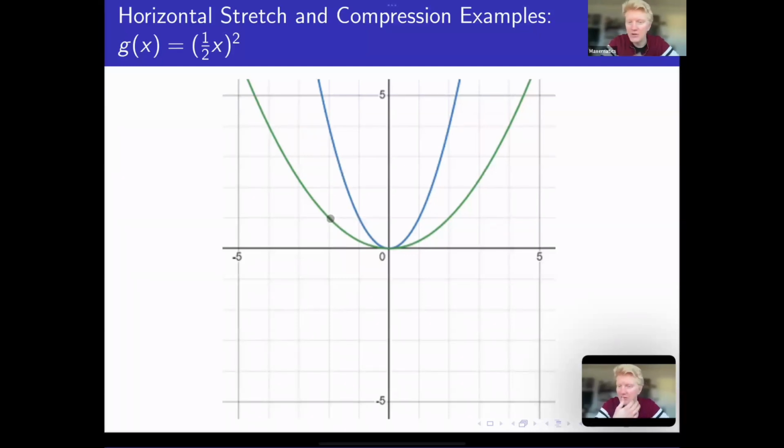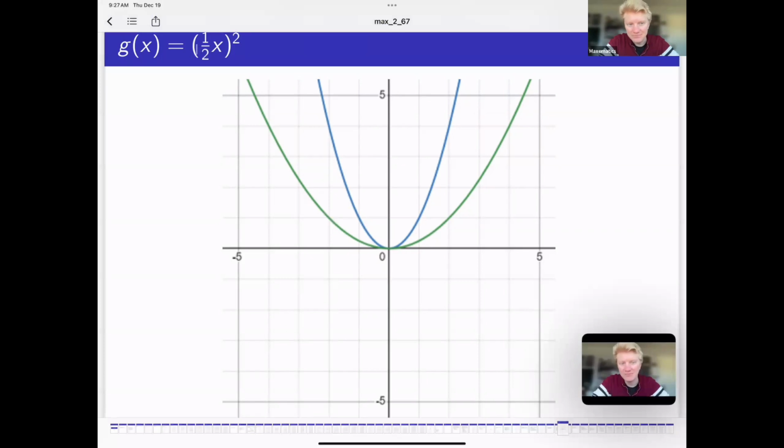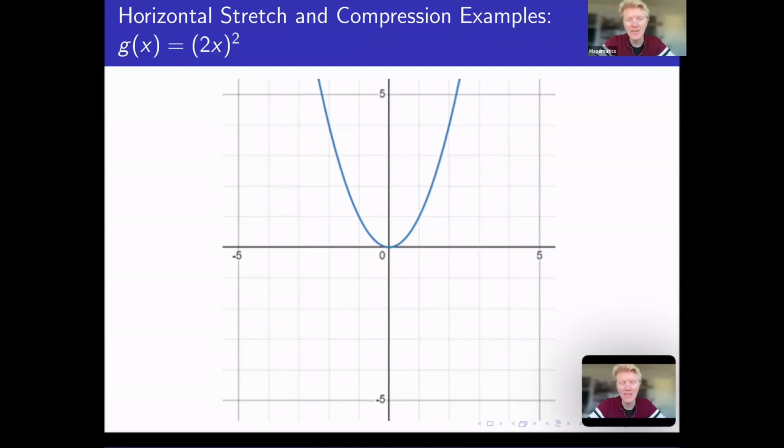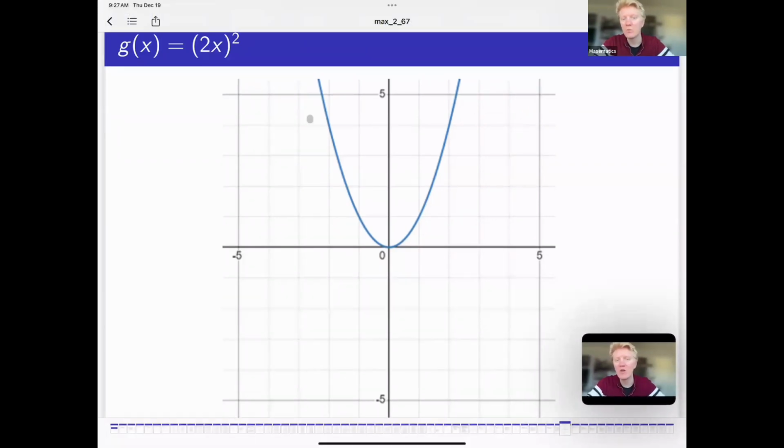And you know what? Kind of notice this too, that this is (1/2 x) squared. We could have also written this as 1/4 x squared without the parentheses, and then it would have been a vertical stretch or compression. So horizontal stretches or compressions, not super meaningful here in algebraic functions because it's a little harder to tell. But again, the effects are still the same. If we had (2x) squared, we are taking all the x values and dividing them by 2.